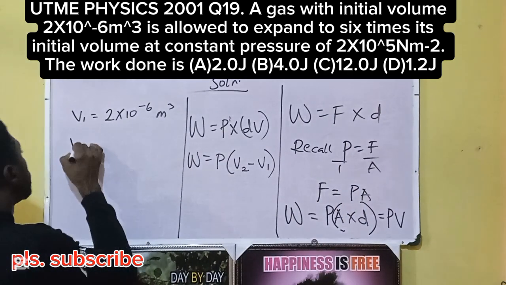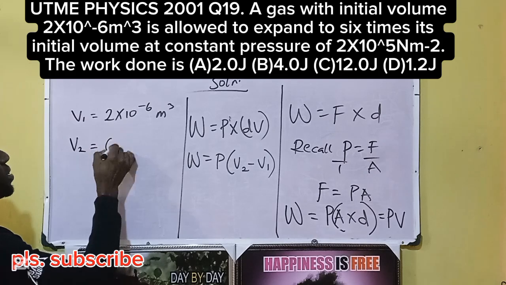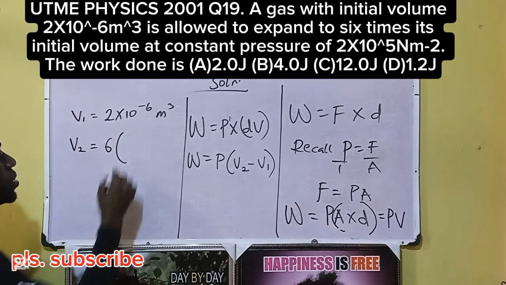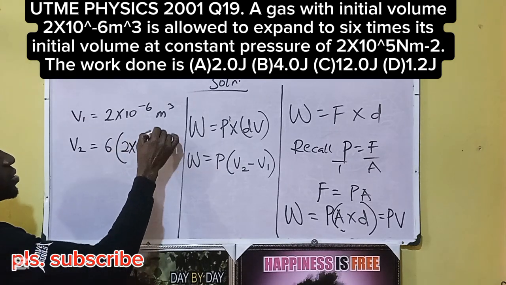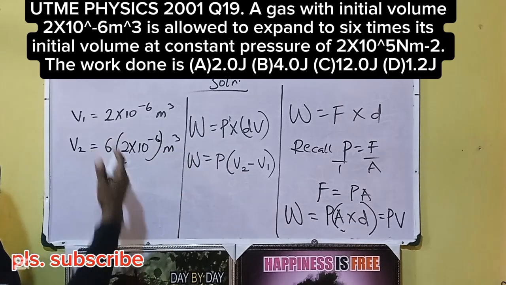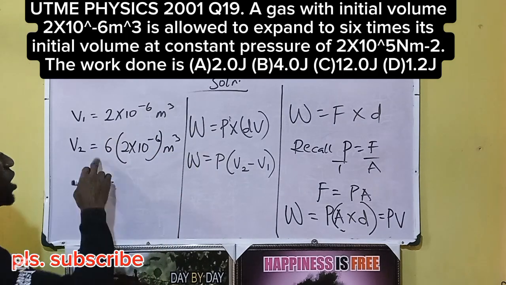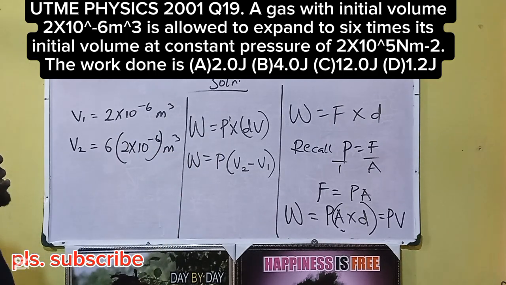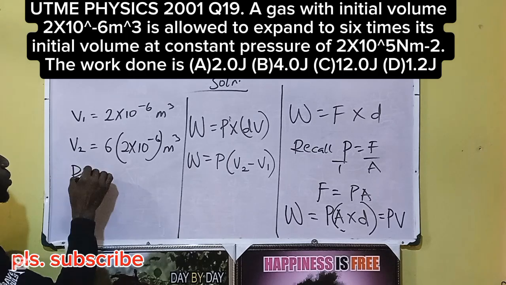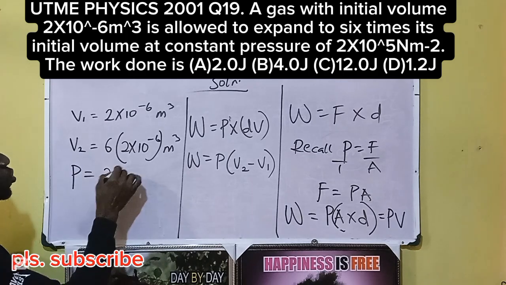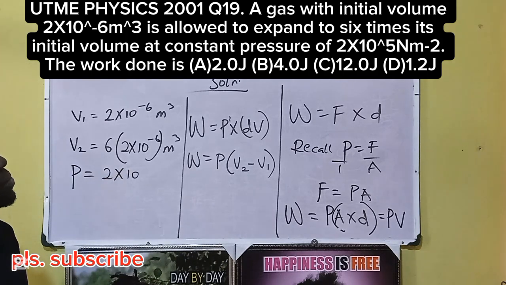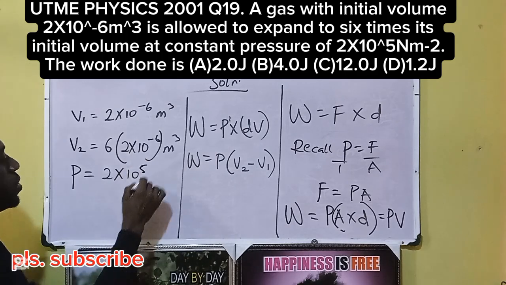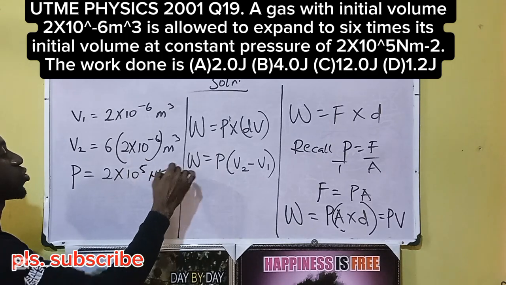So V2 is equal to 6 times the initial value, which is 2 times 10 raised to the power minus 6 meter cube. This is the expansion, 6 times this. Then at constant pressure, the pressure was maintained at 2 times 10 raised to the power 5 Newton per meter square.